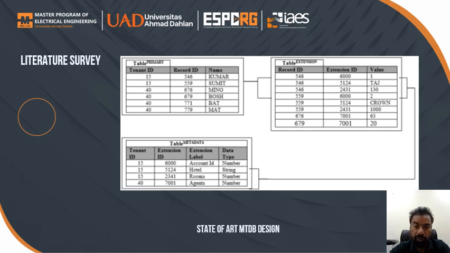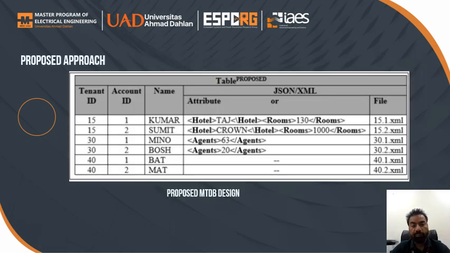The inference of what is in the extension table, that is the label of the data, can be found in the metadata table. This is the state-of-the-art database design, predominantly used in many multi-tenant database designs.